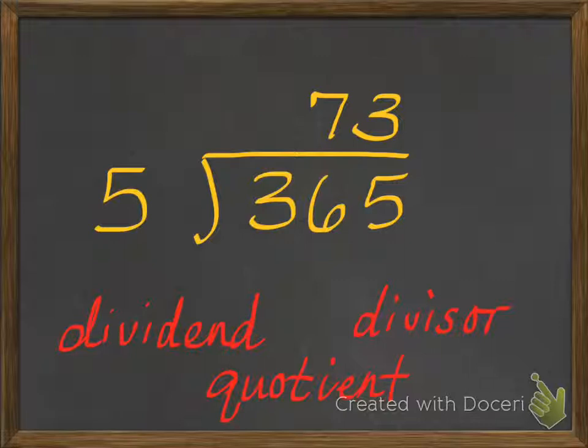It's already solved for you, but you could go through it and show all the numbers that go underneath the 365. And I would like you to label each of the numbers. Which one is the dividend, which one is the divisor, and which one is the quotient. So go ahead and pause the video and see if you can solve that.